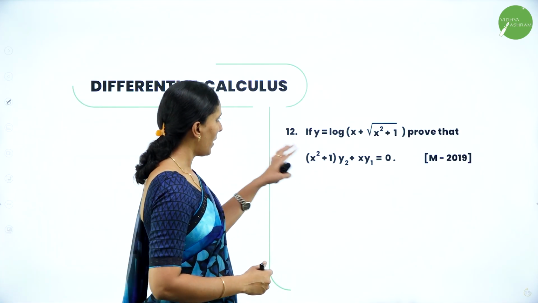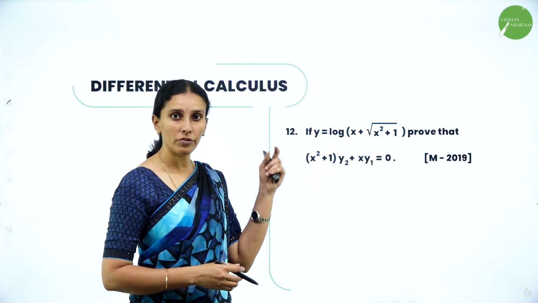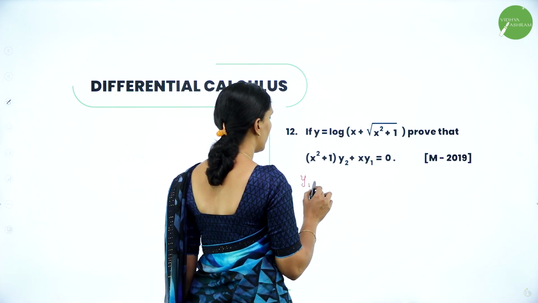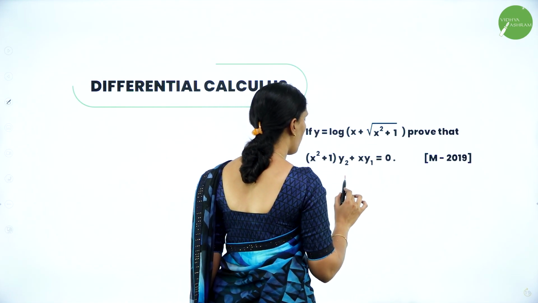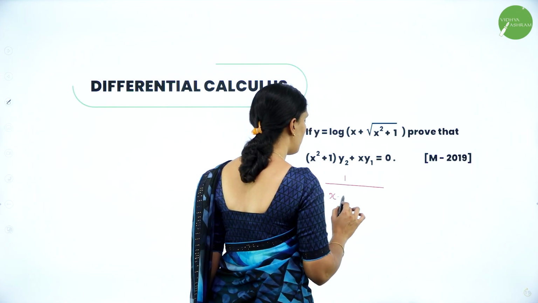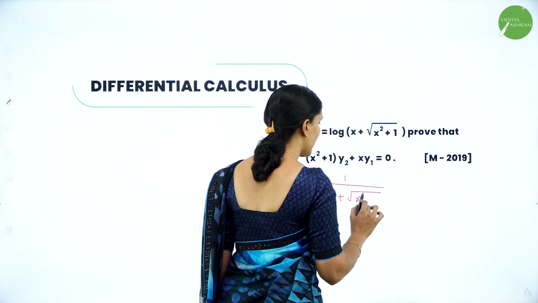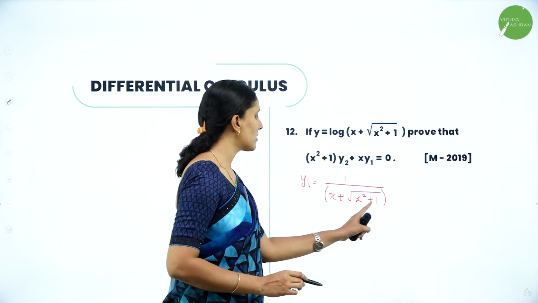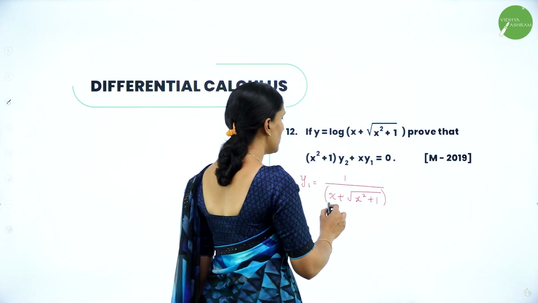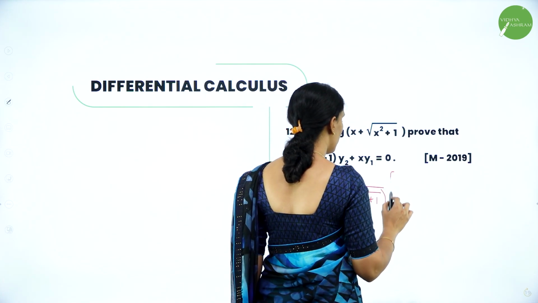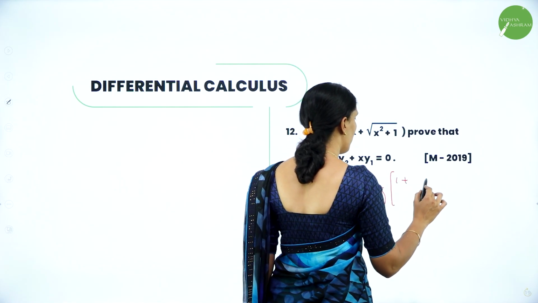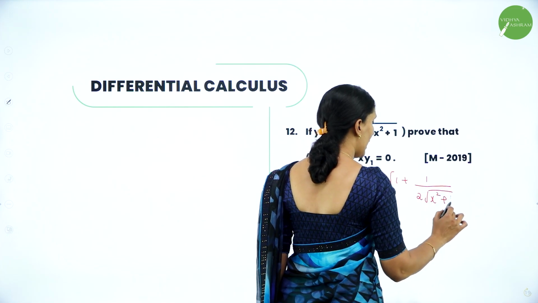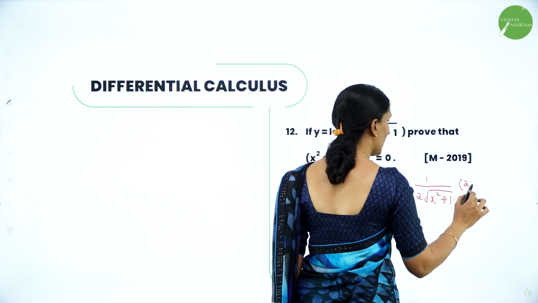Next we have the same pattern of question, but we have log of the term. So we know that y1, the derivative of log of any function, is 1 over x plus root of x square plus 1. Now the derivative of this is 1 plus 1 divided by 2 root of x square plus 1, but this is a composite function again. So let us differentiate it. Again differentiating x square plus 1, I will get 2x.